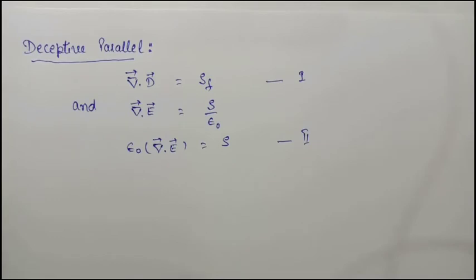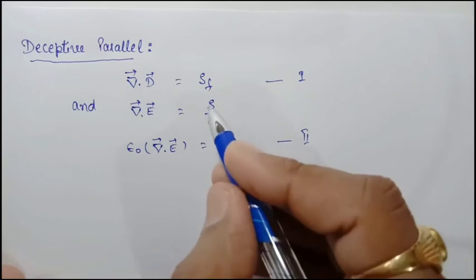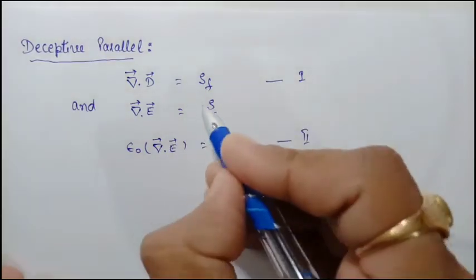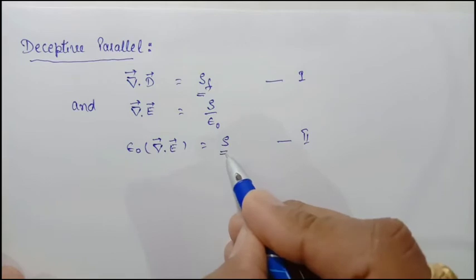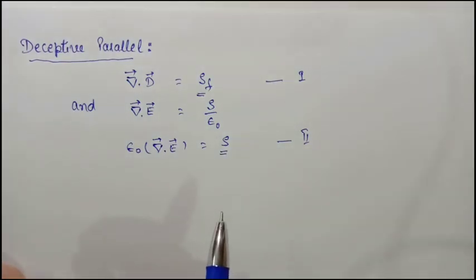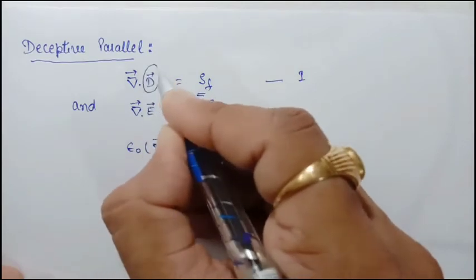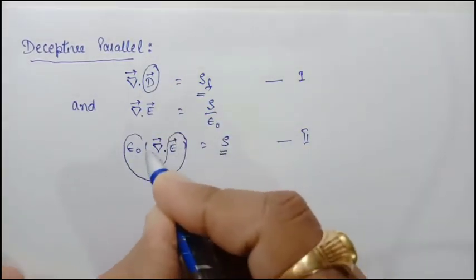So here we have a deceptive parallel, that is it seems that these two relations are equal, but actually rho f is the volume charge density for the free charges, and this is the volume charge density for total charges. And second point here is we cannot say that this electric displacement vector is equals to this factor.